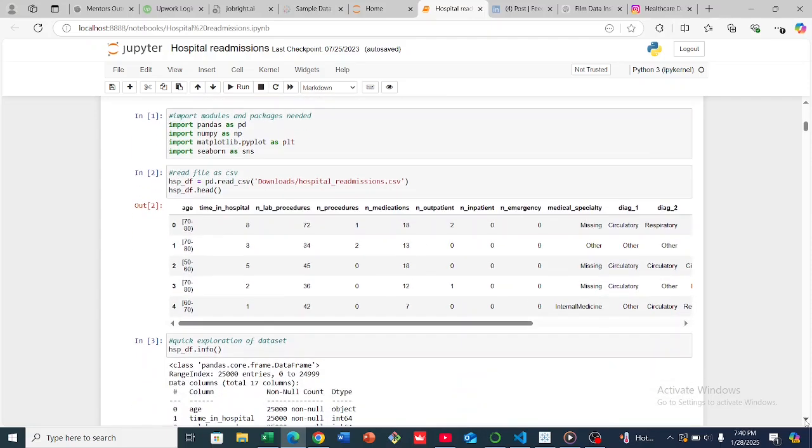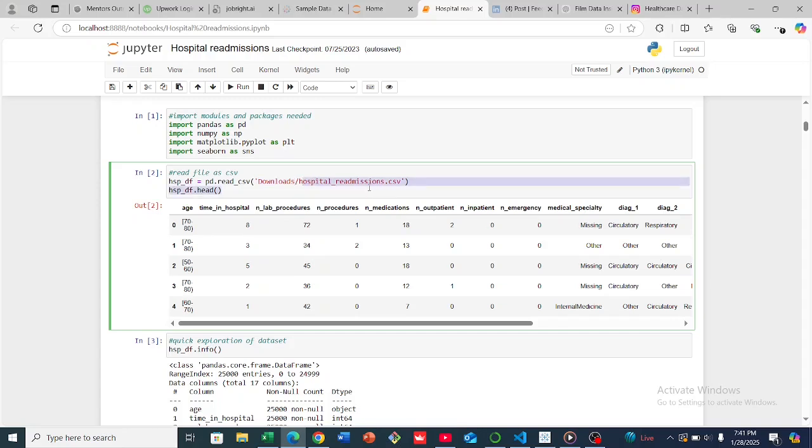When I was done with that, the next thing I did was to read my file into my Jupyter notebook. I used pd.read_csv and the path where my file is saved on my computer. You can see it is under the downloads location on my computer, and the name of this file is hospital_readmission.csv.